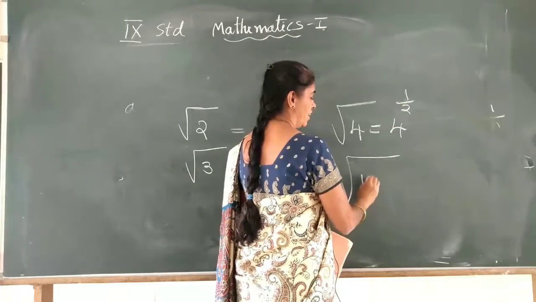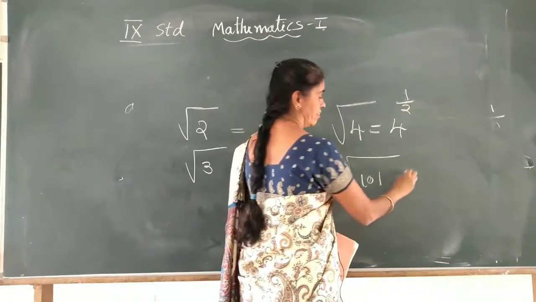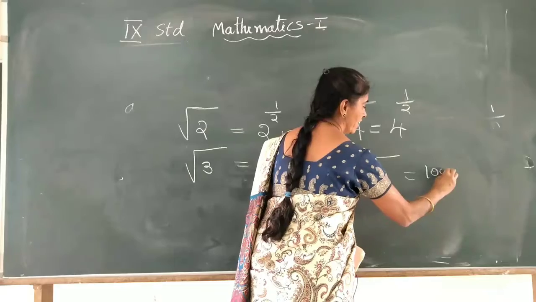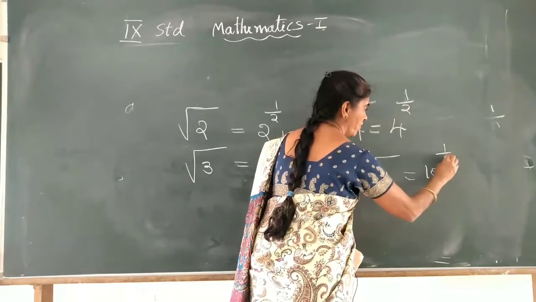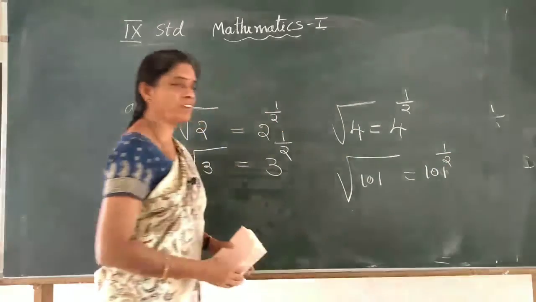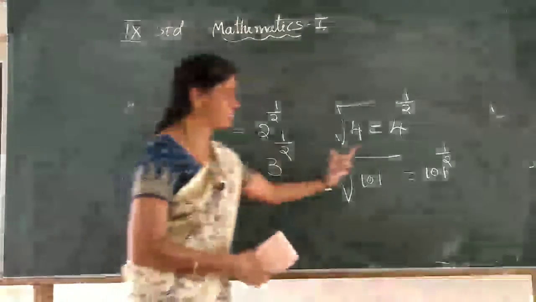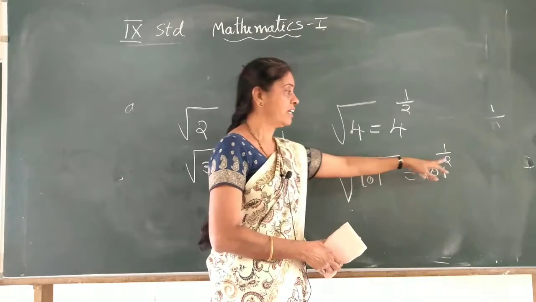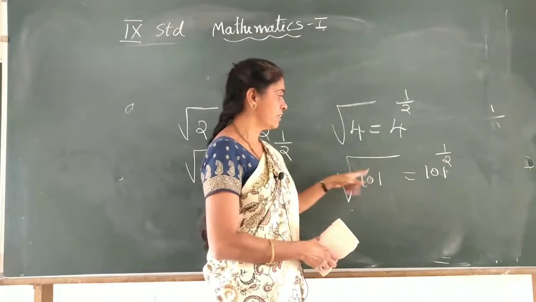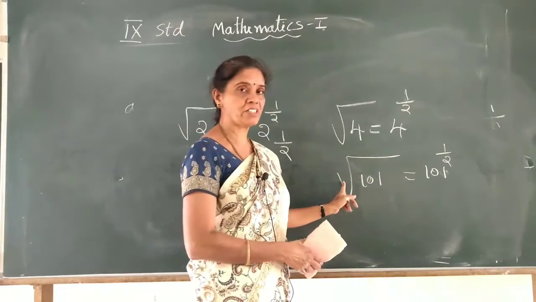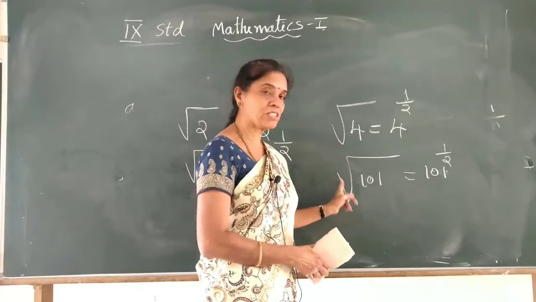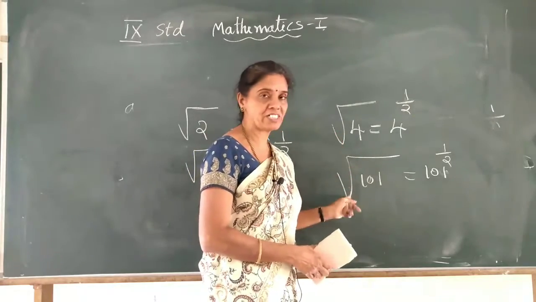Square root of 101 is 101 to the power of 1 by 2. So whichever number is inside the root, we take it as the base of the exponential, and the exponent is 1 over the root number. For square root, the 2 is usually not written.